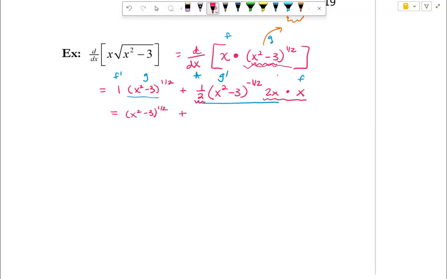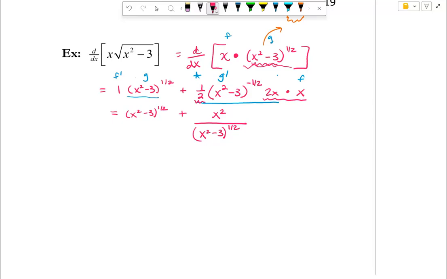So 2x squared times that 1/2 out front, that's just going to become x squared. And then I could put that all over x squared minus 3 to the positive 1/2 power. So again, we could deal with our negative exponents by making them in the denominator with positive exponents.